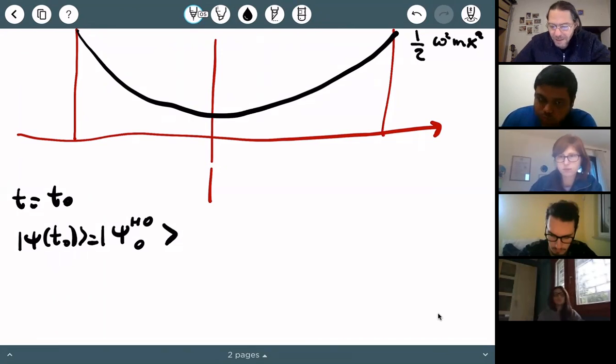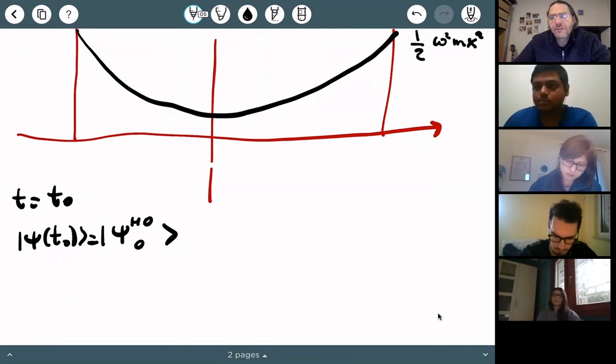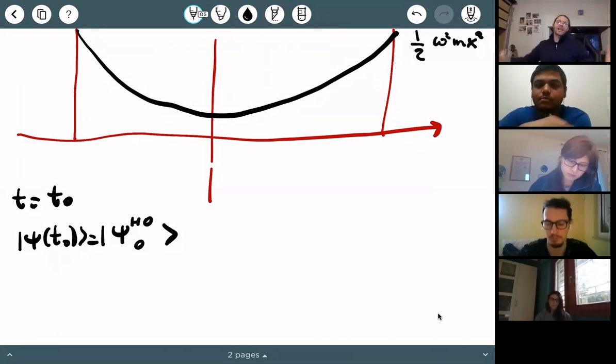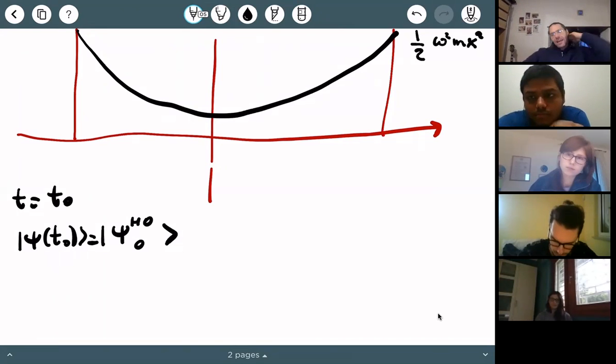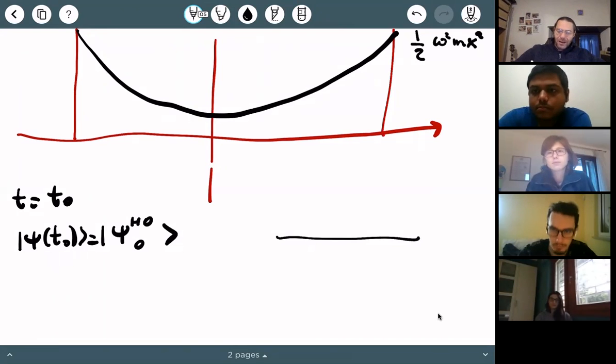Now, in principle, to be completely pedantic, I'm thinking of a physical system that can in principle be realized. And the way I was thinking is that I have a one-dimensional system that is confined in a box.